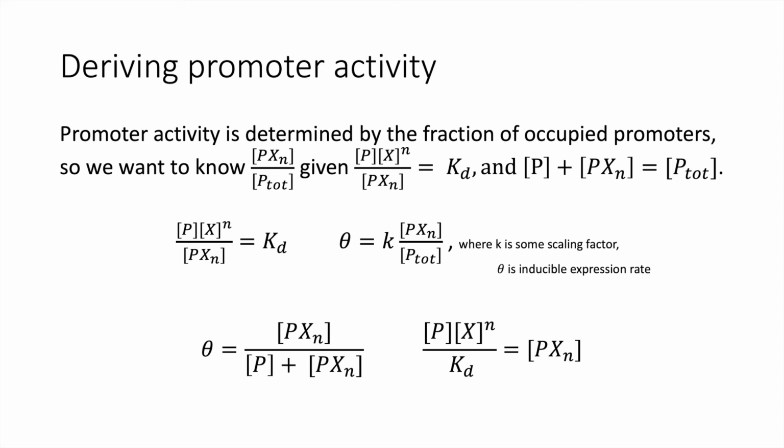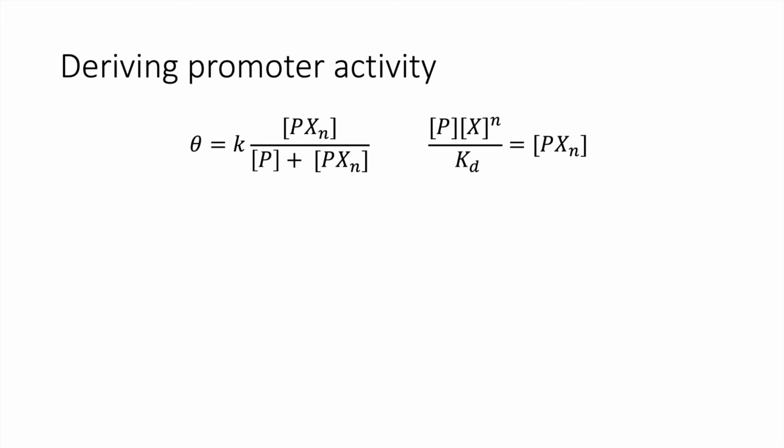And then we also rearrange the dissociation constant equation so that we solve for the concentration of the complex. So here I've just rewritten these equations. And then we just plug in the equation for the complex into the equation for theta.